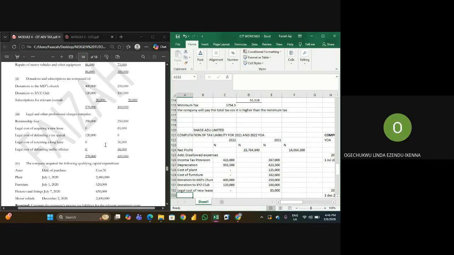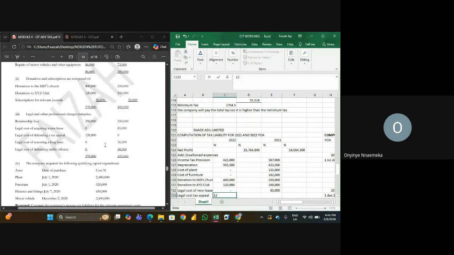Legal cost of traffic offense is saying that you should defend what you said. So why did you say everything is disallowed? Legal cost of defending a traffic offense is more like a fine. Legal cost of renewing a long-term lease is finance cost.